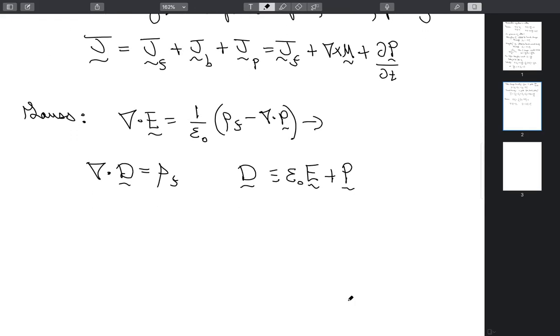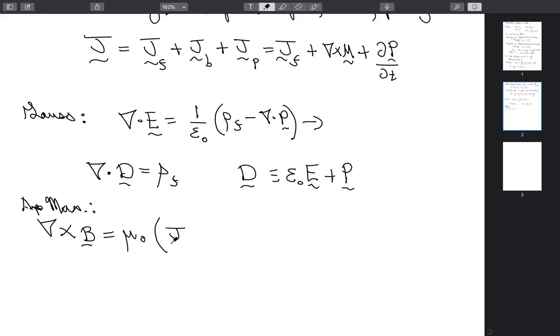But now if we look at the Ampère-Maxwell law, I will look at the curl of B, but now this is going to be mu 0 times a bunch of stuff.